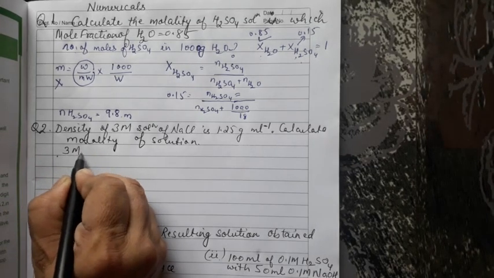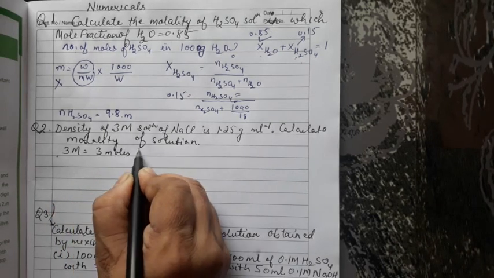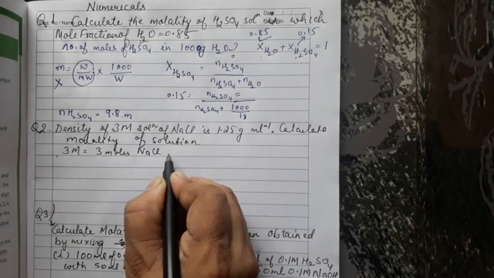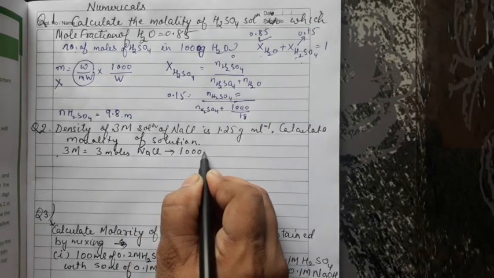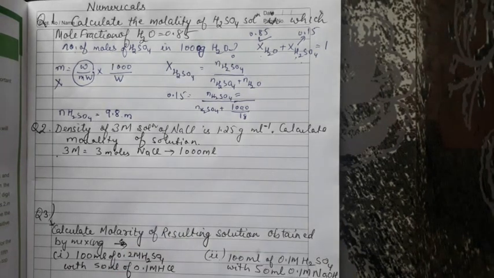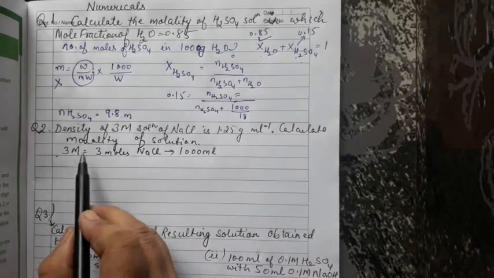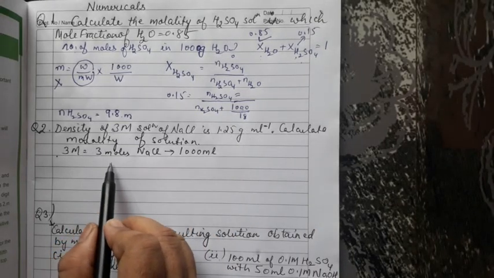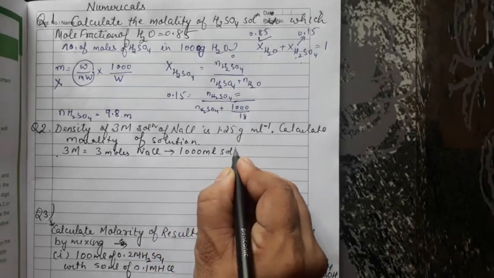3 molar means 3 moles NaCl is dissolved in 1000 ml, that is 1 liter we can say, because this density is given. I am using here. Density is given as this much. 3 molar I have expanded. It is 3 moles of NaCl in 1000 ml of solution.